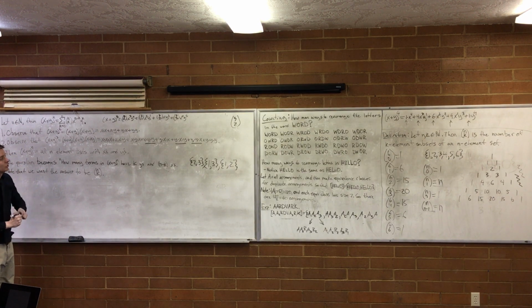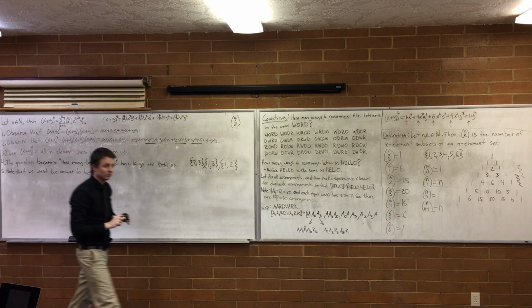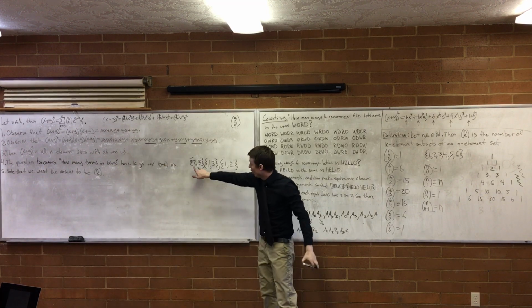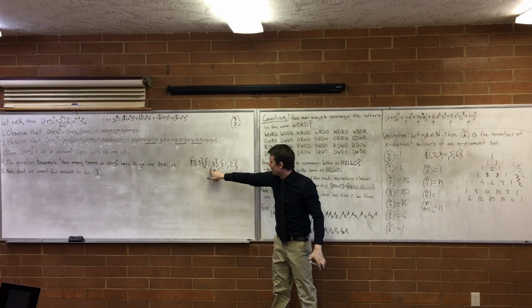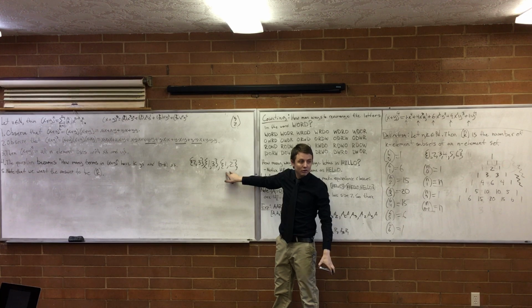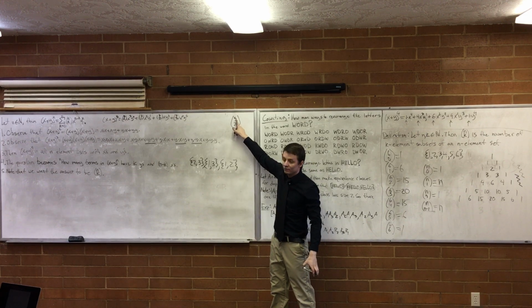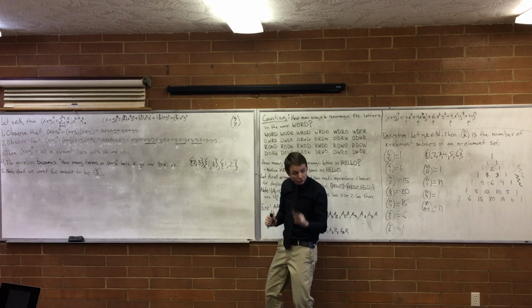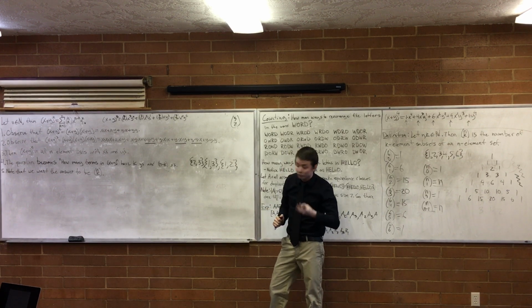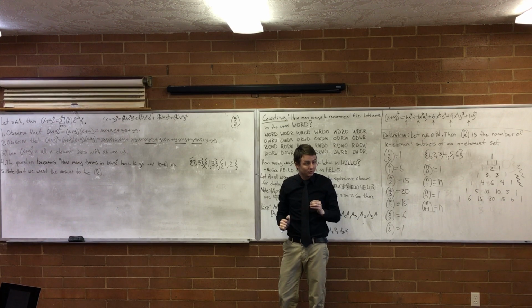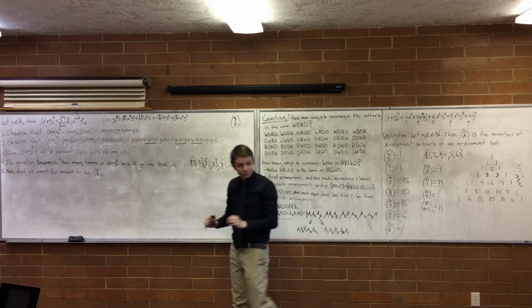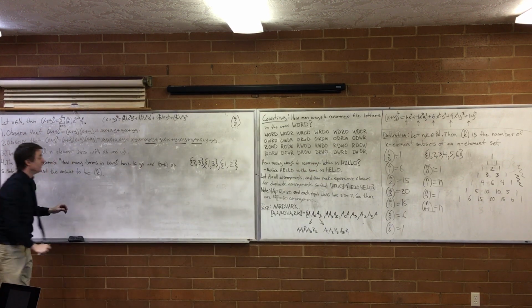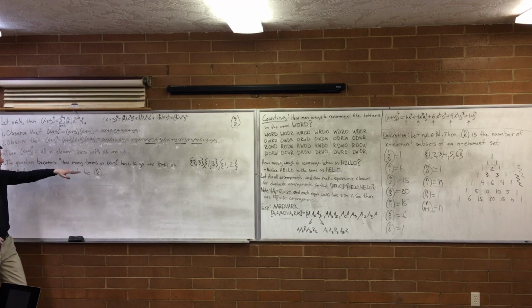So when we count the positions that the y's show up in, we're counting all the 2-element subsets of our 3-element set. There were 3 possible indices that the y's could show up in. We chose 2 of those indices for them to show up in.